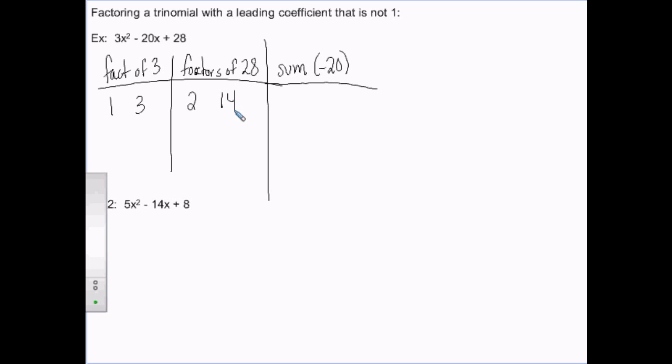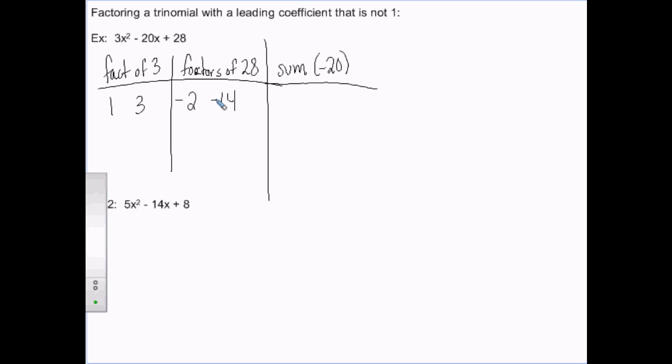That means my two numbers have to be negative. In this situation, it's always the last term that we go with the negative numbers, not the first factors, not the coefficient on the x squared. So this is going to be a negative 2 and a negative 14. Because when I add, I'll get a negative number, but when I subtract, I'll get a positive.